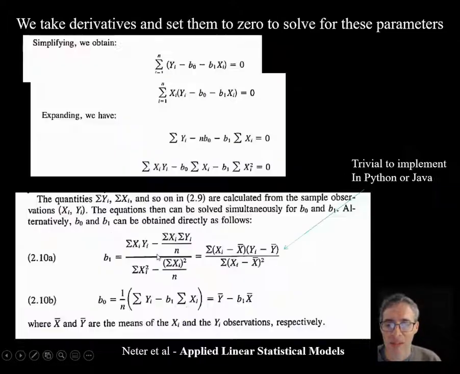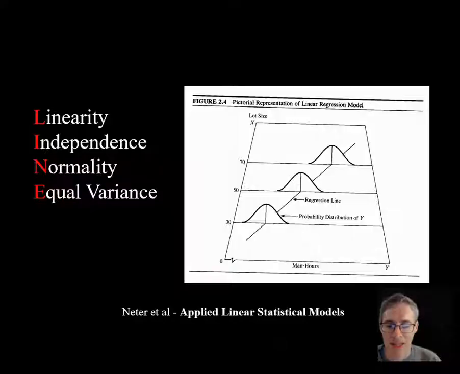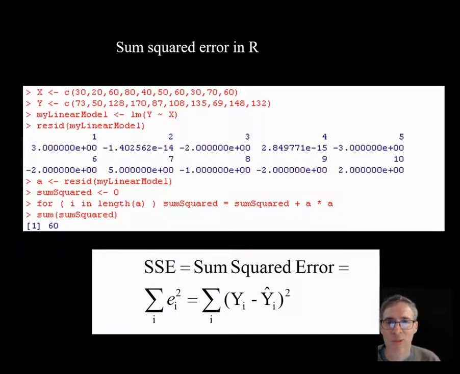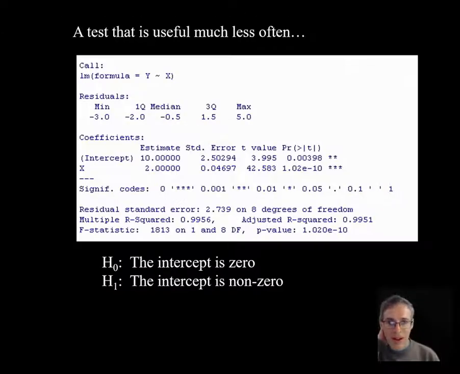So in biology, inference based on the intercept is used much less frequently than the test of the slope. The test that the intercept equals 0 is used much less frequently than the test that the slope equals 0. But of course, there's nothing wrong with that test.